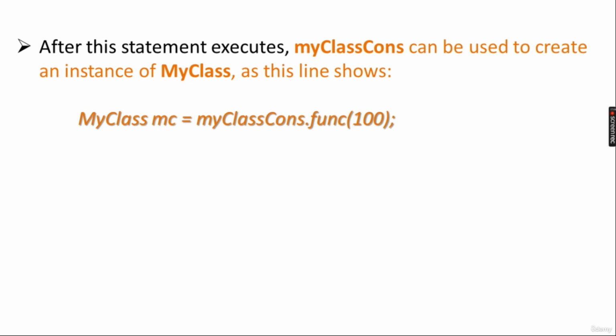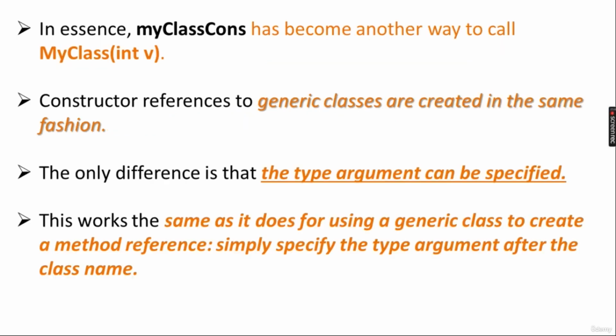After this statement is executed, my class constructor can be used to create an instance of my class, or object of my class, like my class constructor dot function 100, and it will assign the value and then display that particular value as 100. My class constructor has become another way to call my class integer v. It is just a constructor reference. So instead of directly creating objects, we are creating objects through my class constructor reference.